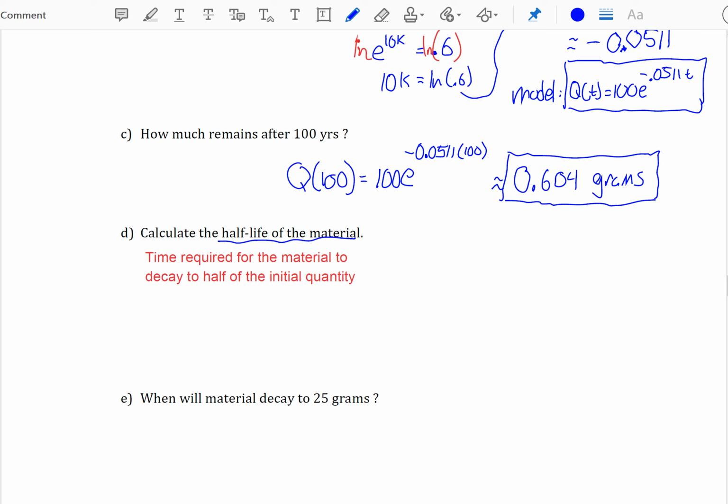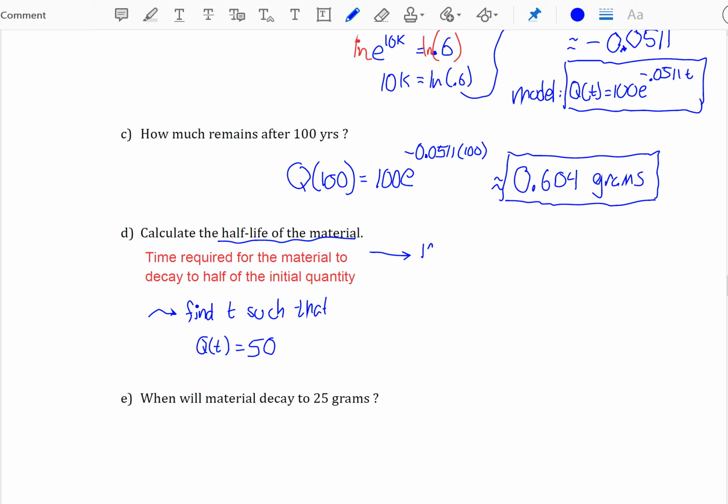So, put it another way, we're asked to find T such that Q of T equals 50. The amount of time for it to decay to half.